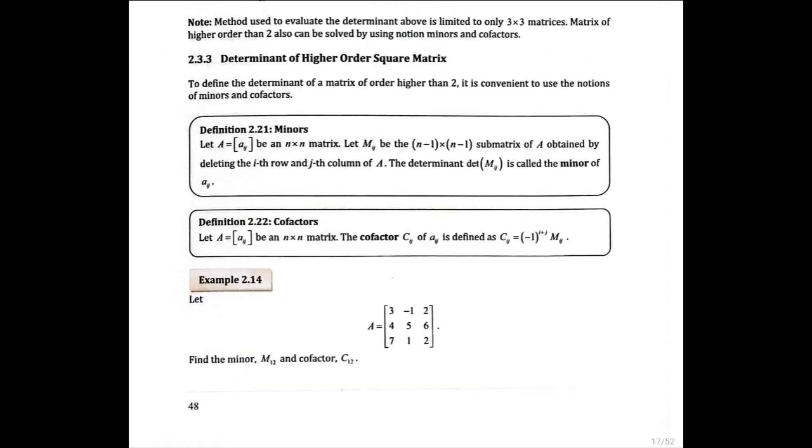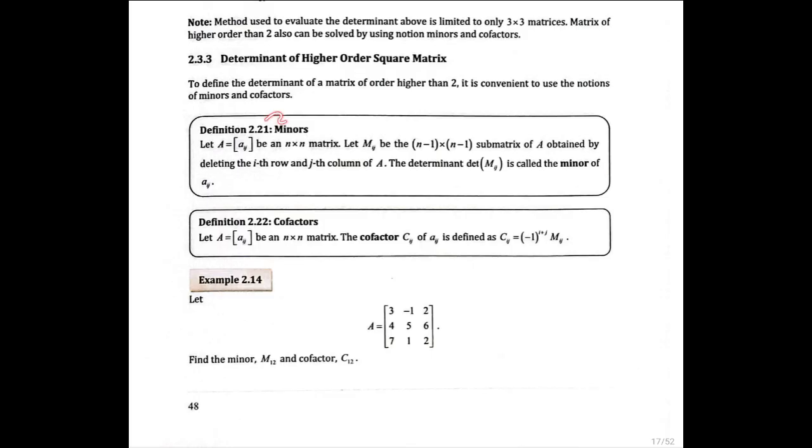For bigger matrices like 4 times 4 or 5 times 5, drawing diagonals becomes messy. So instead, we use a method called cofactor expansion. It breaks a big matrix into smaller ones, step by step.